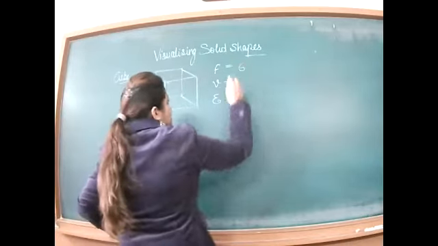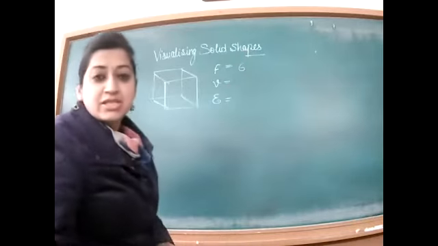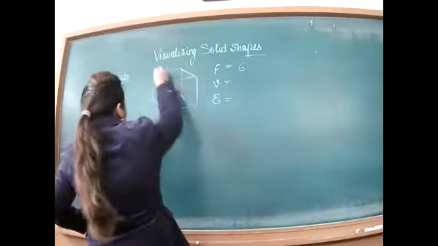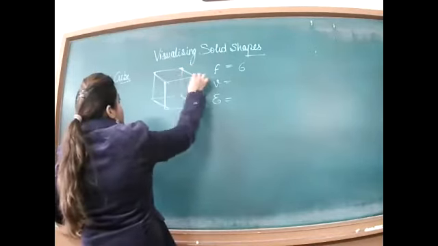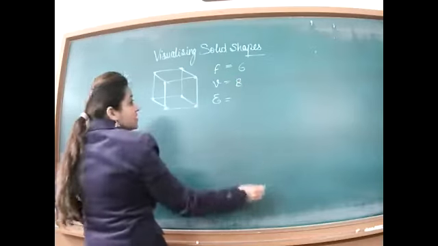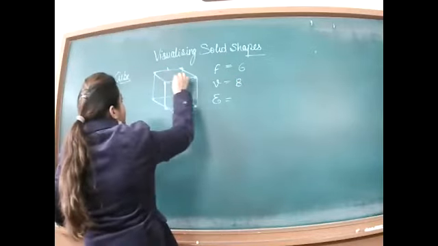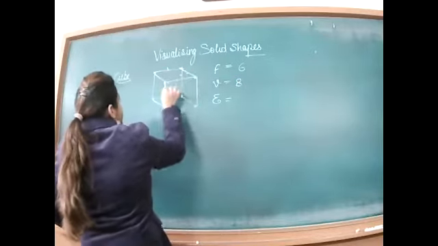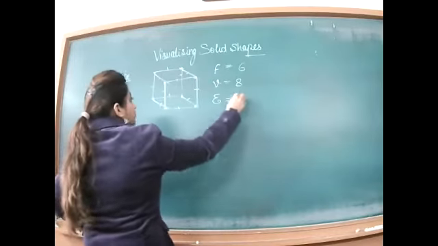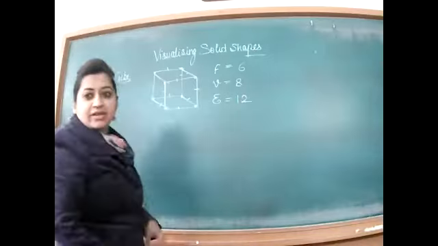So there are total 6 faces. Vertices you can count: 1, 2, 3, 4, 5, 6, 7, 8. So vertices are 8. Edges: 1, 2, 3, 4, 5, 6, 7, 8, 9, 10, 11, 12. So 12 edges are there.